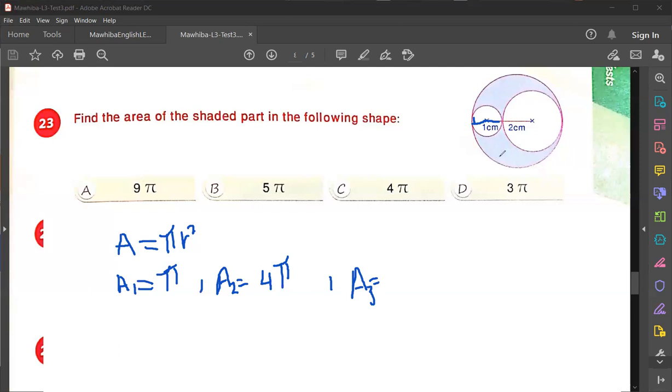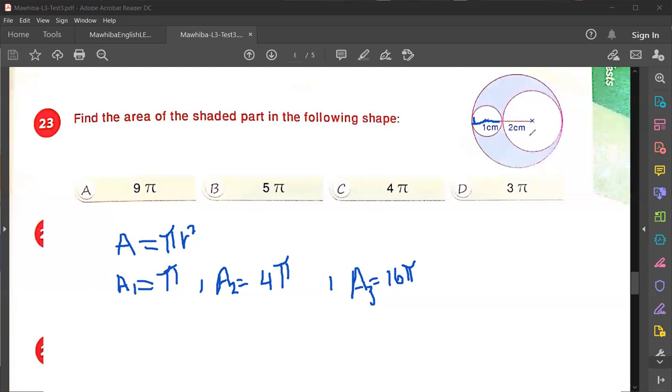The radius is 4, right? So we find the area of the big circle. I have the radius is 4, so we have 16 pi, right?